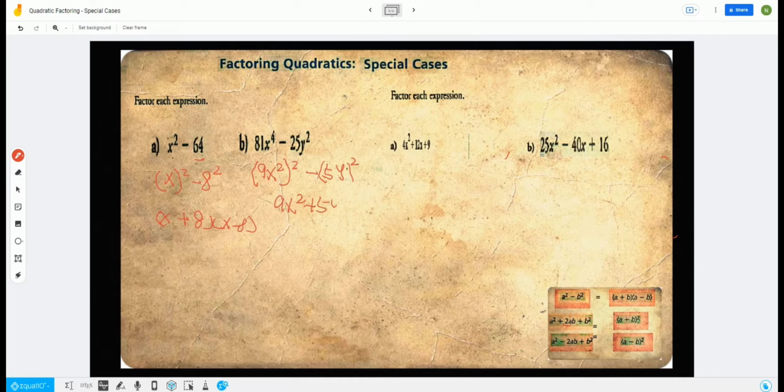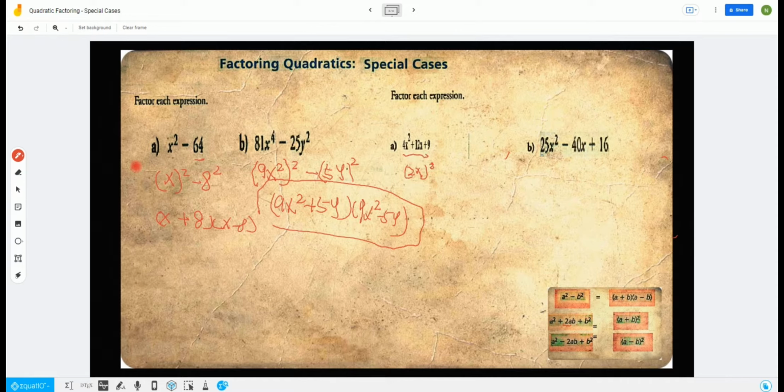Next is the perfect square. A squared plus 2ab plus b squared equals a plus b squared. Look at this one: we can write 4x squared as 2x squared, plus 12x, and the 9 is 3 squared. We look at 2 and look at 3.